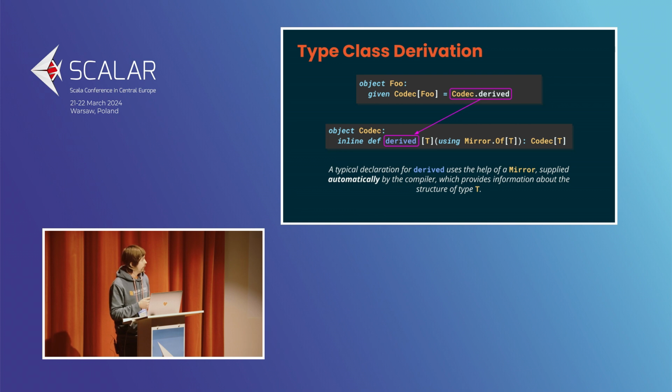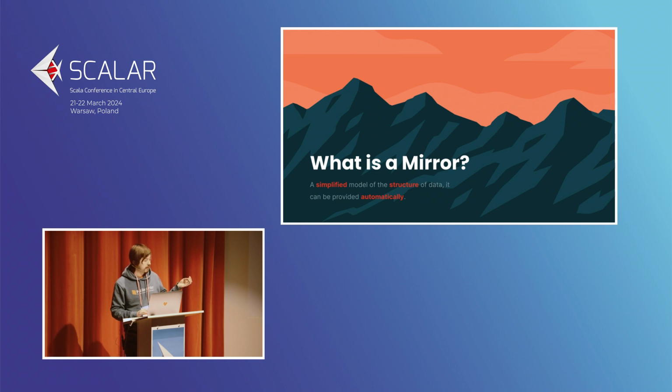But when we have any type at all, we don't know anything about that type, so we need to constrain it somehow so that we can learn something about what is inside T. And that's why we use this thing, Mirror. It's provided by the standard library. So you just say using Mirror.Of[T], and Mirror is a thing that will be supplied automatically by the compiler, and it gives you some rich information about the structure of the type.